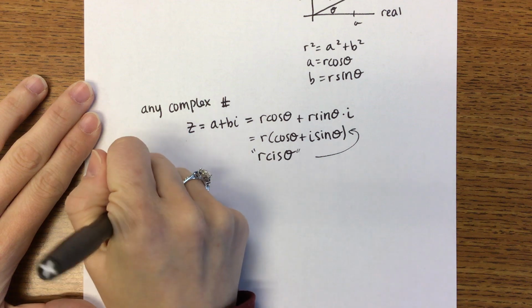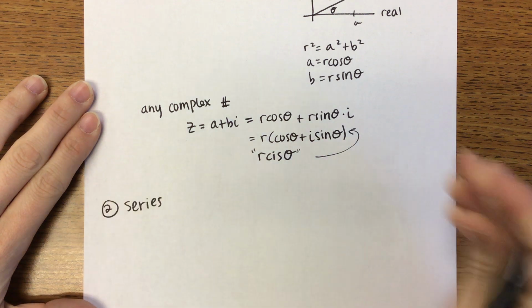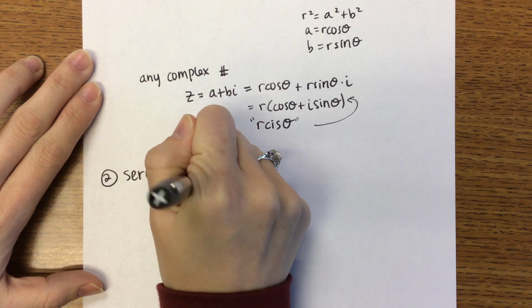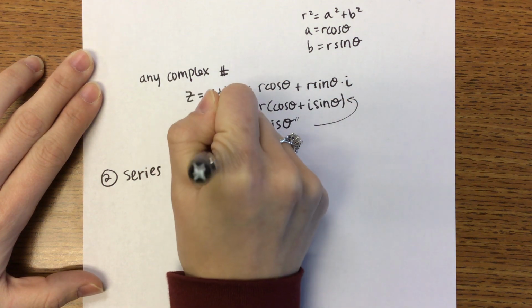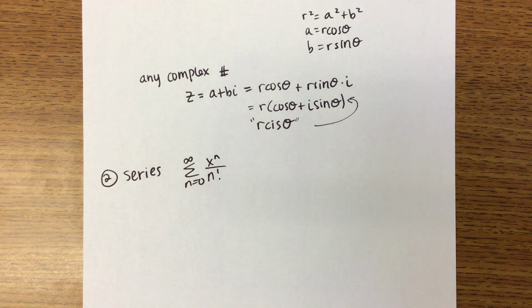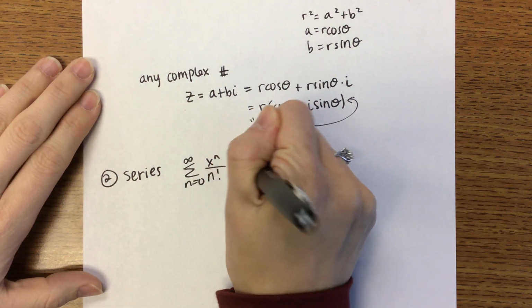Second thing is series. The series sum from n equals 0 to infinity of x to the n over n factorial. What is that the series for? e to the x.